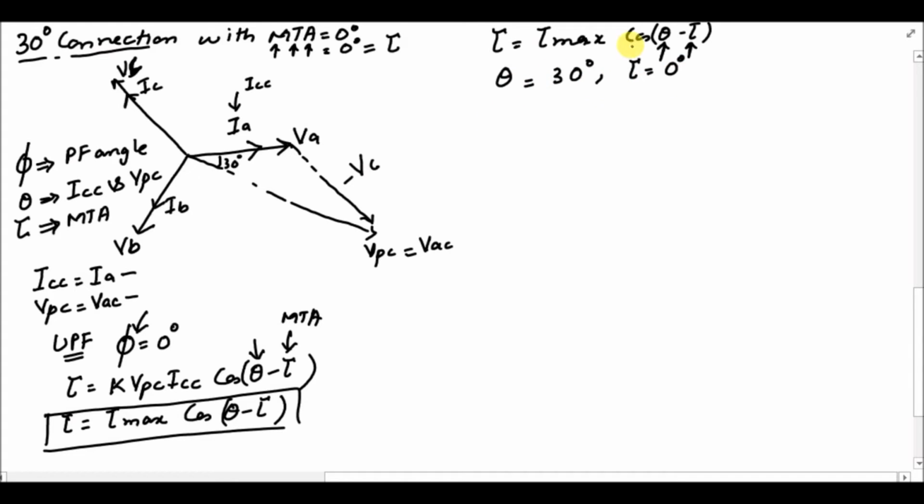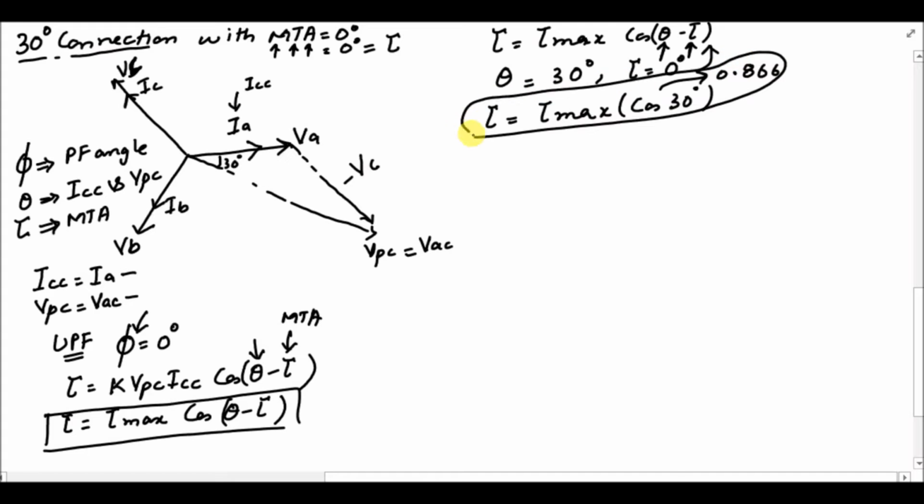Now putting these two values in the equation, you will get torque equal to torque max cos 30 degrees, and this value is equal to 0.866. So this is the torque value when we have a unity power factor condition.